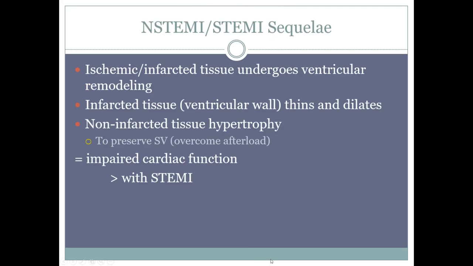So after all of this occurs, okay, unfortunately, if you've had infarcted tissue, either through a non-ST elevated MI, subendocardial, or an ST elevated MI, transmural, you have dead tissue. Okay, it's going to be more significant with the ST elevated MI, right? Because it's more tissue affected. The full thickness of that ventricle wall might be affected. That doesn't come back.